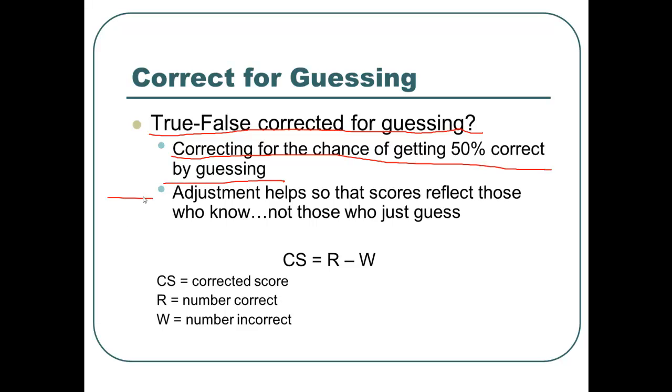The adjustment is designed so that scores reflect those who know, not those who just guessed. And so we come up with a corrected score, which is the number of true-false items correct minus the number incorrect. So we take those wrong answers into consideration.